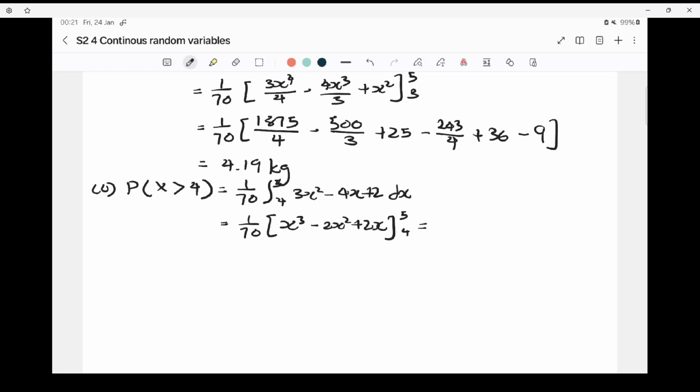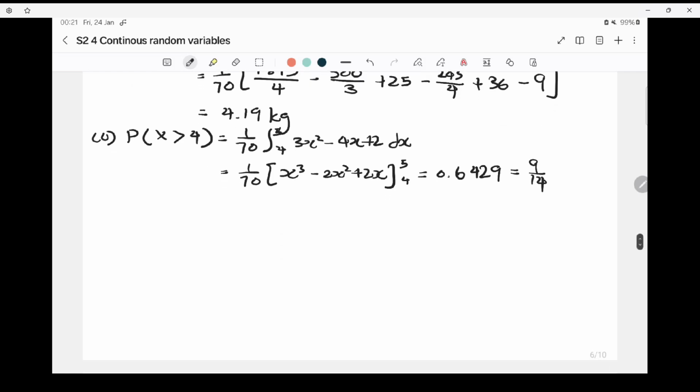Minus 4 to the power 3 plus 2 times 4 squared minus 8. So this will be 0.6429, or it is 9 over 14. Let's keep the exact value for the moment.